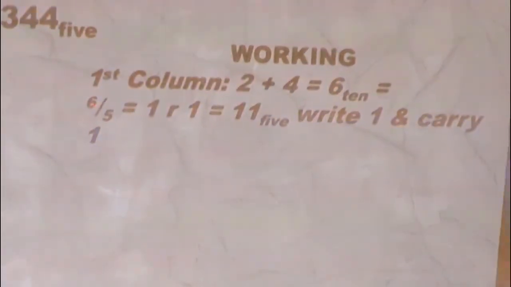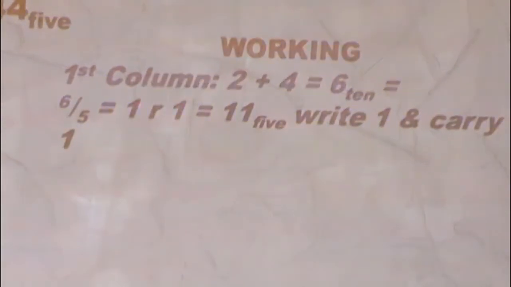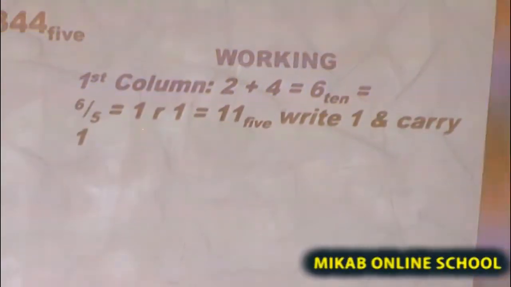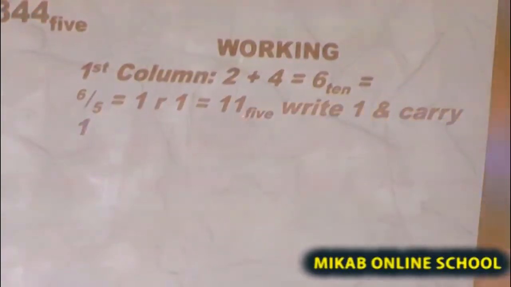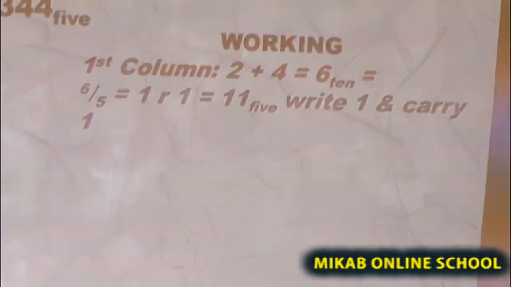We get that by simply dividing 6 by 5. 5 divides 6 once, with a remainder of 1. So writing the number of times 5 goes into 6 with its remainder, we have 1, 1. That has given us 6 base 10 in base 5.